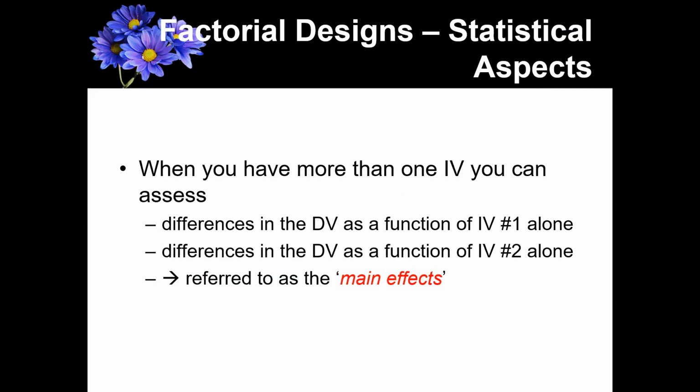And also make sure you know about writing a hypothesis for a factorial design, which we'll cover as well. So when you have more than one independent variable, you actually end up with three potential effects, or rather, sorry, let me clarify. If you have a 2x2 design, you end up with three potential effects. Okay.